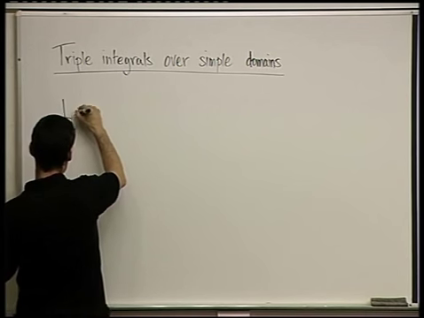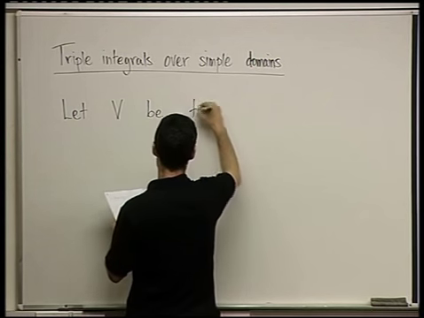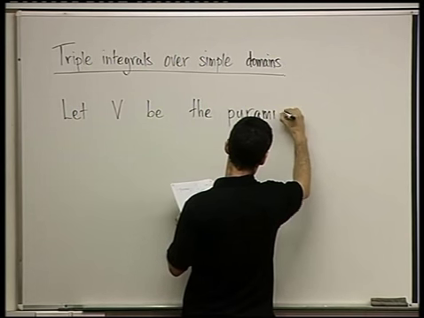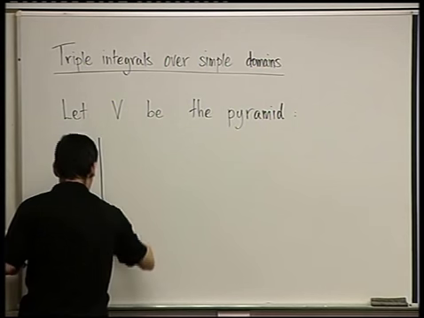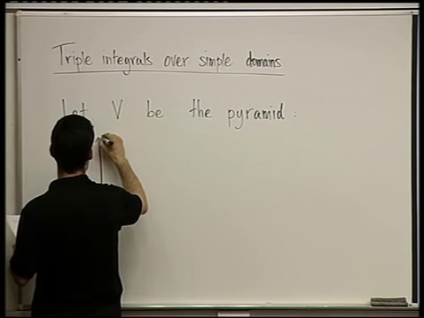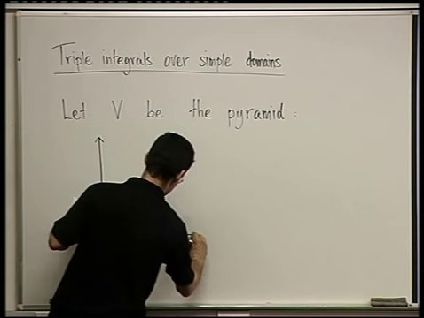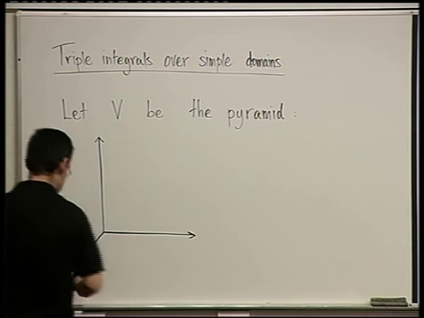So let V be the pyramid. I'm going to draw it right away. In the original problem, it was prescribed in terms of its vertices.